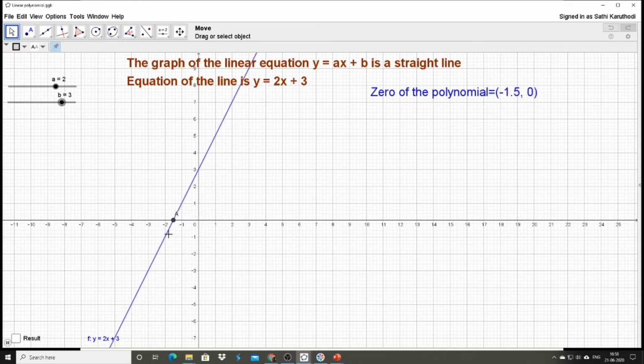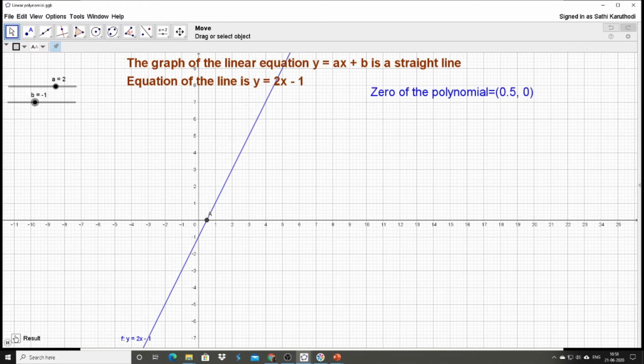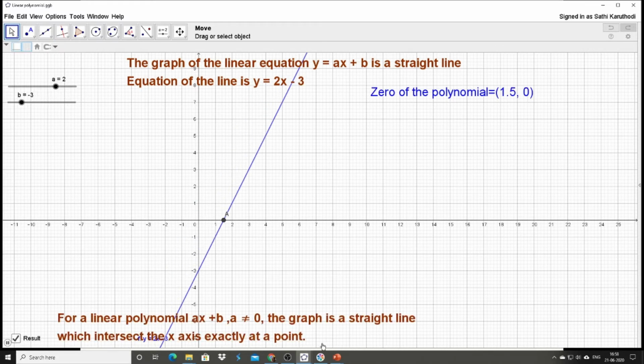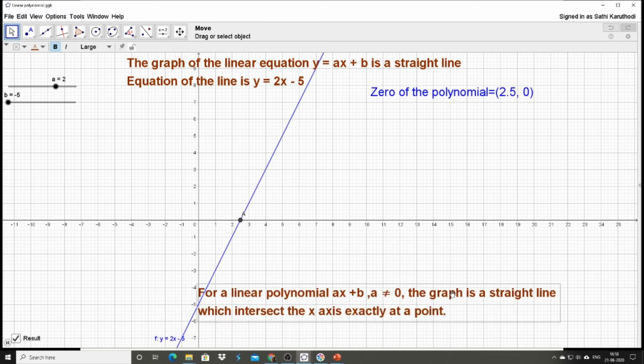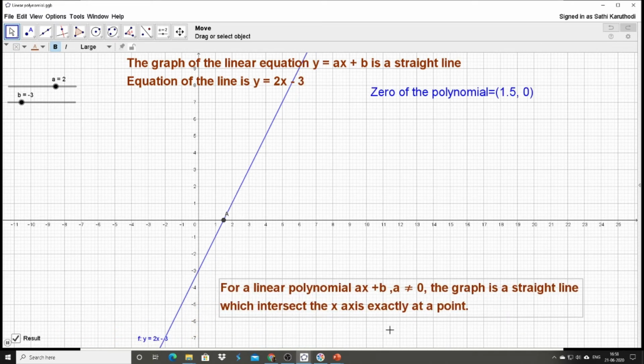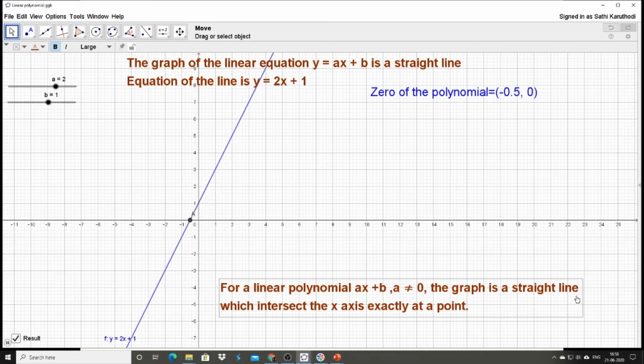Every time we can observe that the graph intersects the x-axis at exactly 1 point. So we conclude with this graph. For a linear polynomial ax plus b, a not equal to 0, the graph is a straight line which intersects the x-axis exactly at one point.